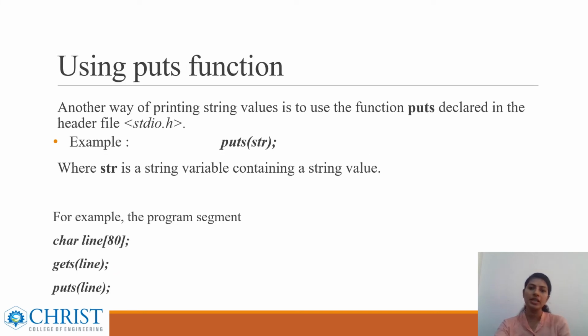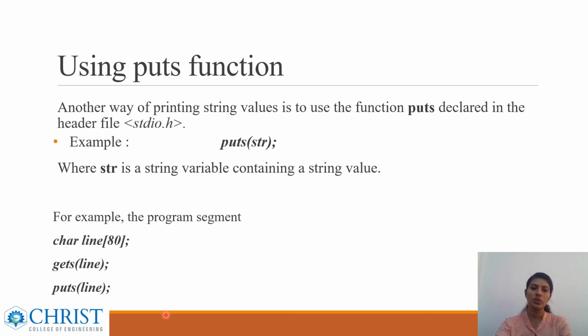Another way of printing string values is using the function puts. This puts function is available in the header file stdio.h. Here is an example of the puts function, the keyword puts, and inside the bracket you can give the string variable str. Now we will look at an example of the puts function.